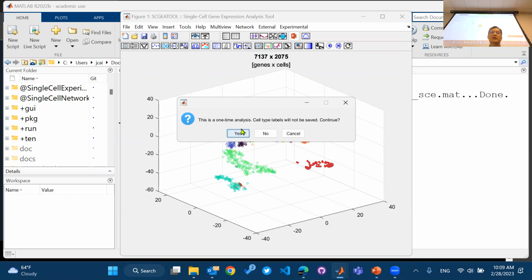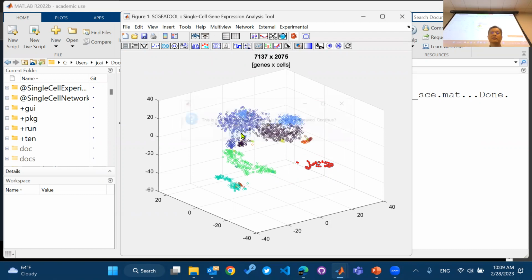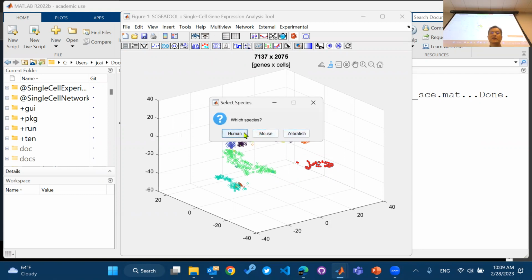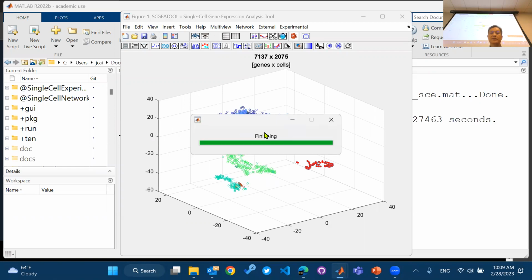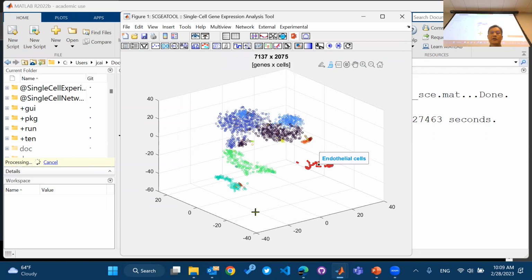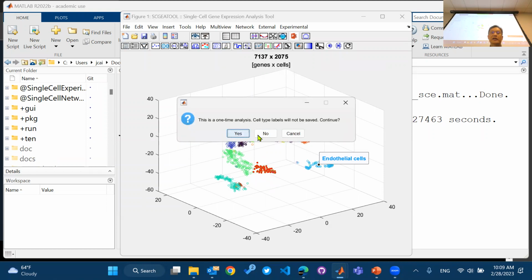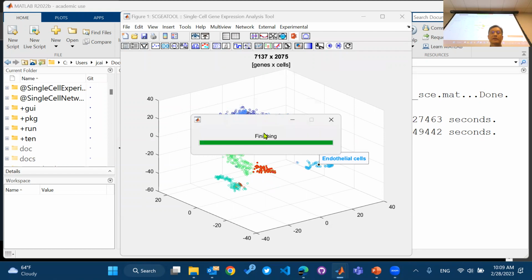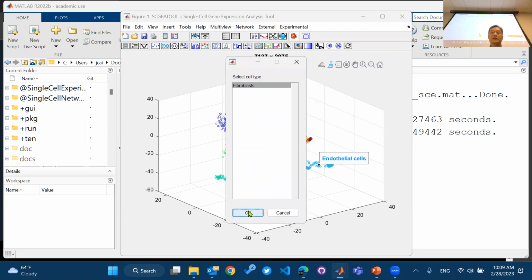You just have your personal impression of this. If this is mouse data, you select the database from mouse. This time it gave you the suggestion that this should be endothelium cell. You can do this again, and this one is fibroblast.